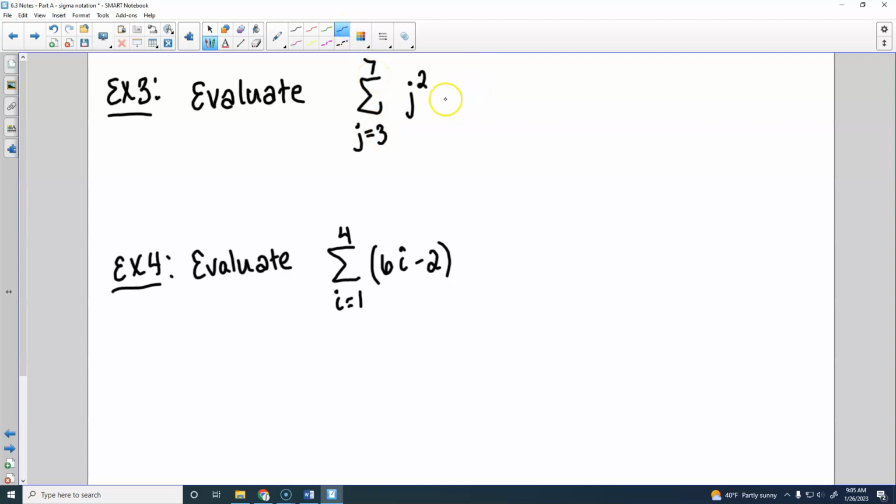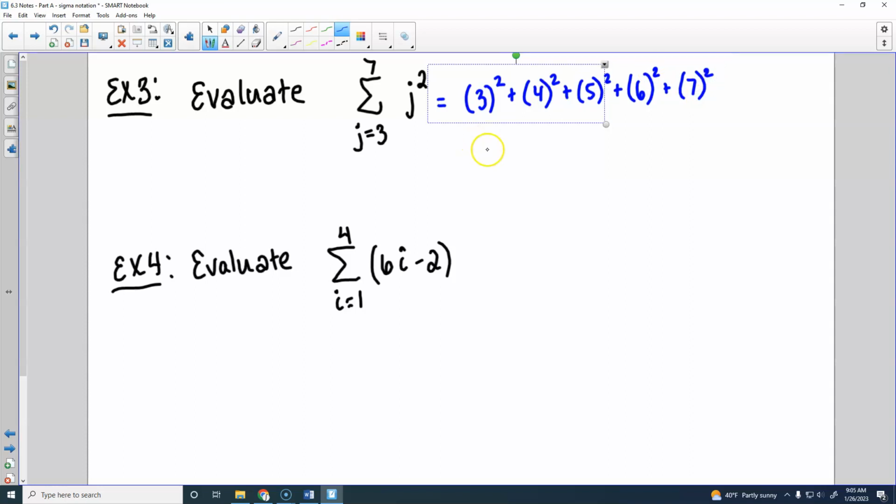So for that we'd have 3 squared plus 4 squared plus 5 squared plus 6 squared plus 7 squared. All right, so 9 plus 16 plus 25 plus 36 plus 49 is going to be, it says 57. 135? Somebody check me on that.